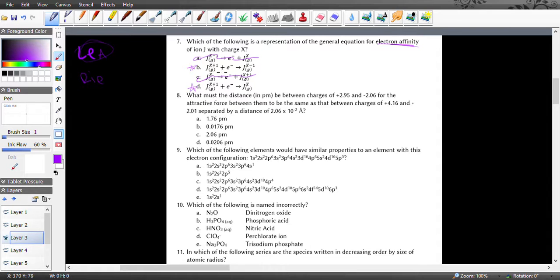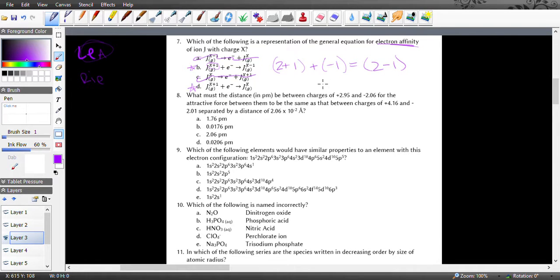So the next thing I'm going to check is the charges. X plus 1, X minus 1. If you add up these charges, let's just plug in a random number for X. We'll say 2 plus 1, that's the first part, plus negative 1 equals 2 minus 1.